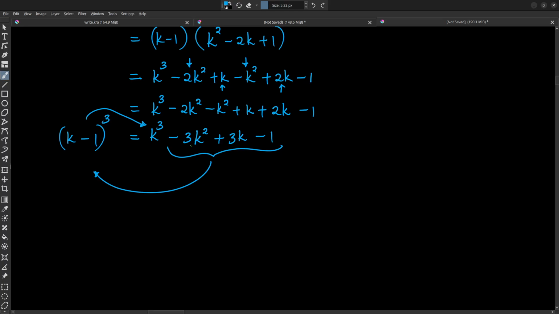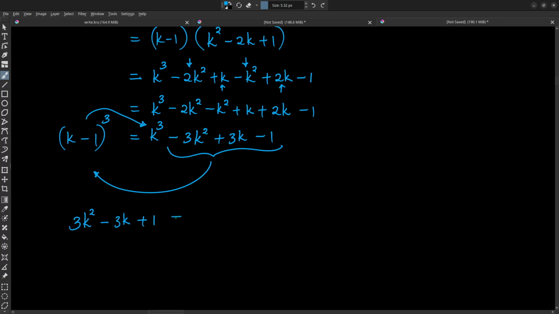So all these other terms, we are going to take them to the left side. Now, when they come to the left side, negative 3k squared becomes 3k squared. It becomes positive. Positive 3k becomes negative 3k. Negative 1 becomes plus 1. Up to that point we are clear.